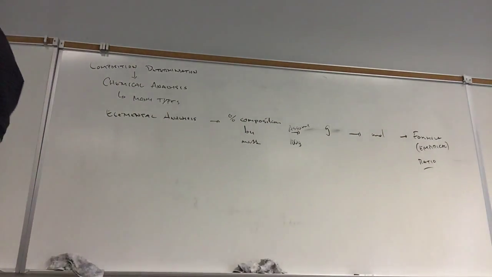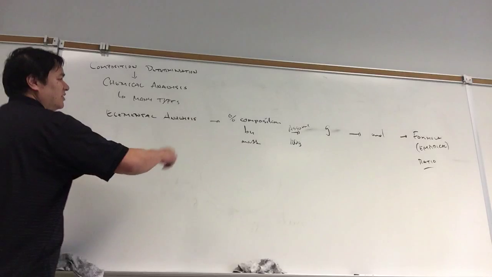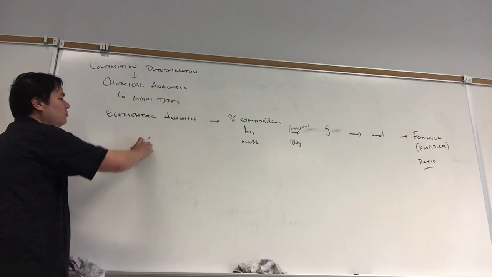When we convert that 88 grams of oxygen to moles and 12 grams of hydrogen to moles, we see the mole ratio is just going to be H2O, water. All right, that's your standard. I think everybody's done this in Chem 4.